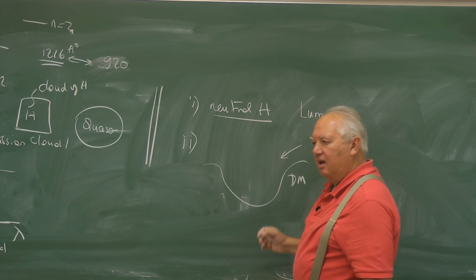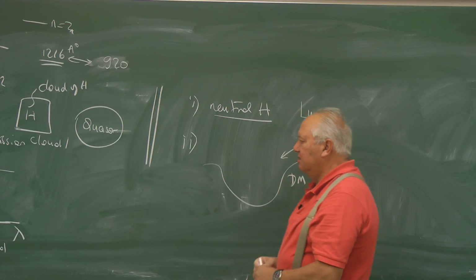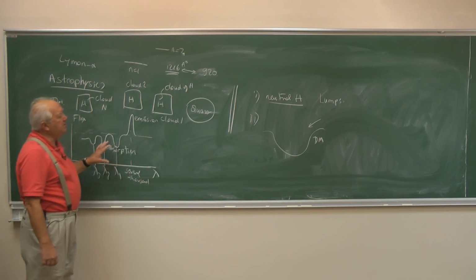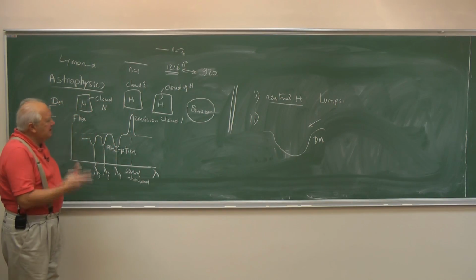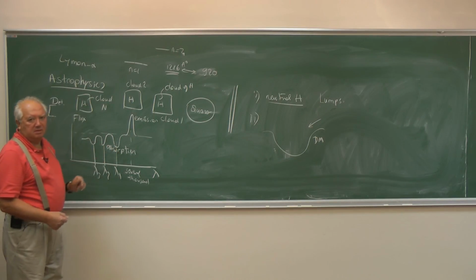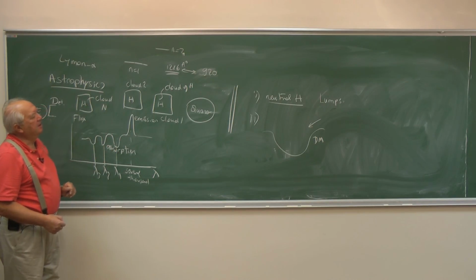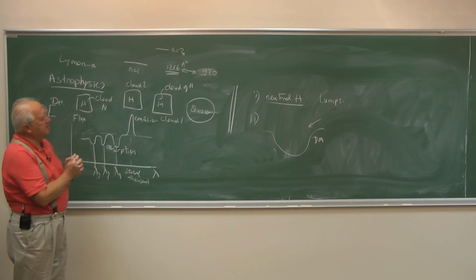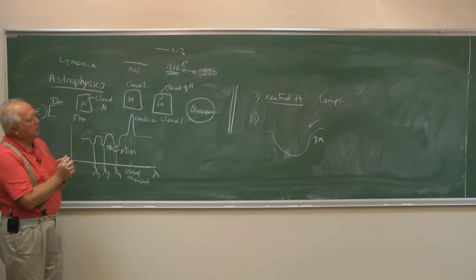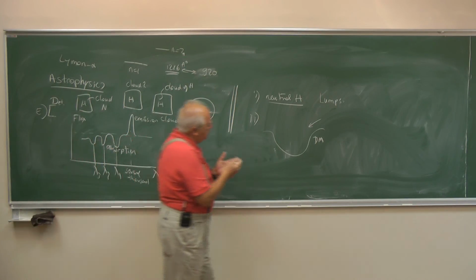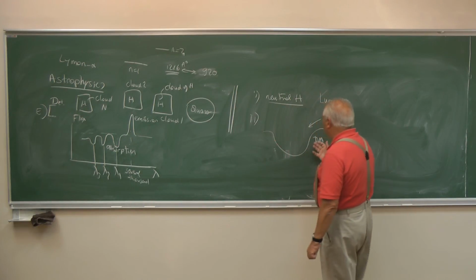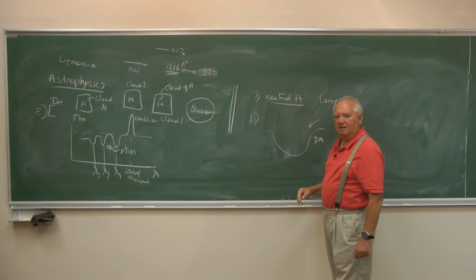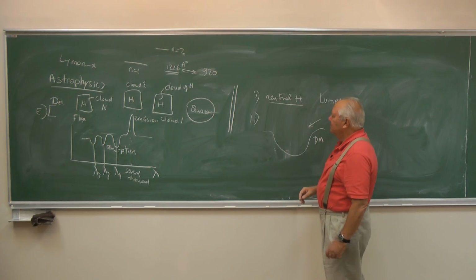Therefore, by looking at these neutral hydrogen lumps, which you can detect by these absorption dips or the Lyman Alpha forest analysis, astrophysicists hope to obtain the distribution of dark matter in the universe, to map the dark matter.